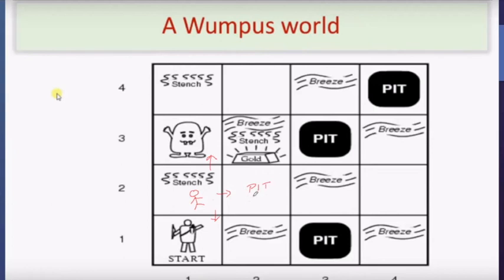But right now it is finding out there is a wumpus. So definitely a wumpus and a pit cannot be in the same square. So it will conclude that if it moves from here to here, there will be a safe state.